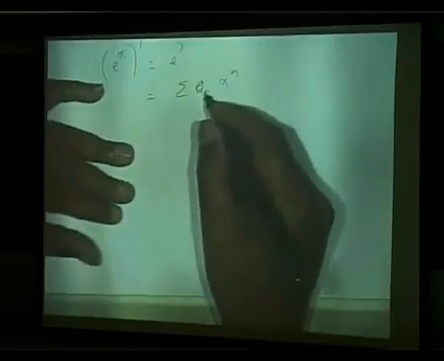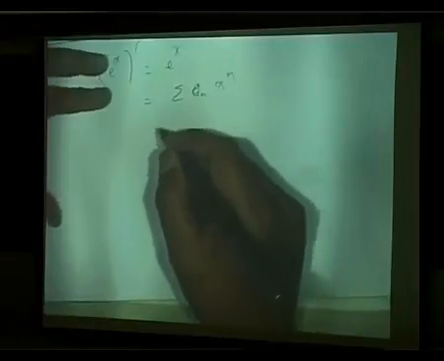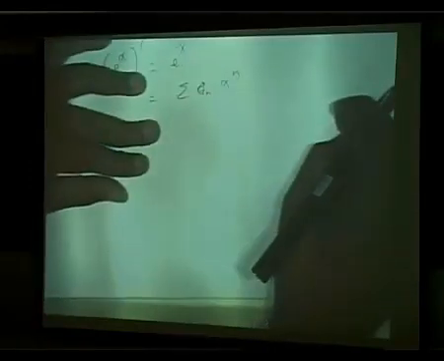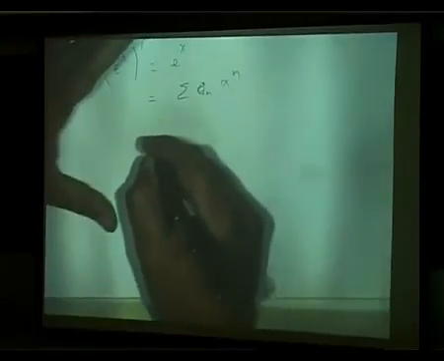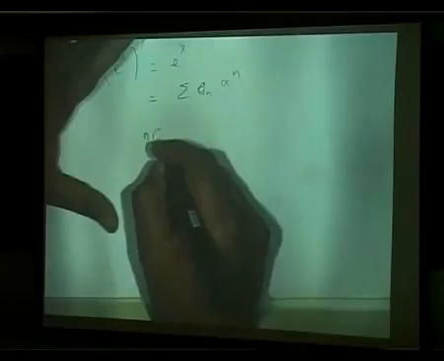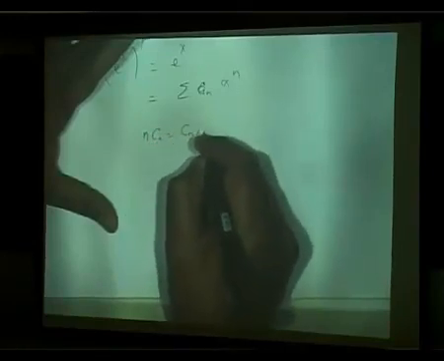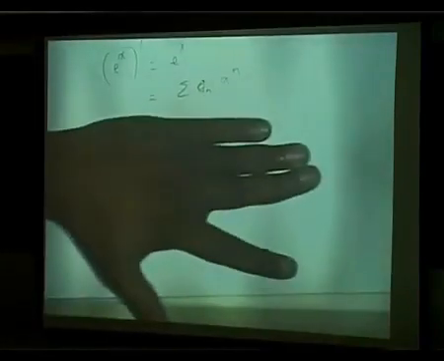But then you know that if you look at the derivative function, it will be obtained by differentiating the series. And so what you can see is that n times Cn will be Cn minus 1. You just differentiate the series term by term.